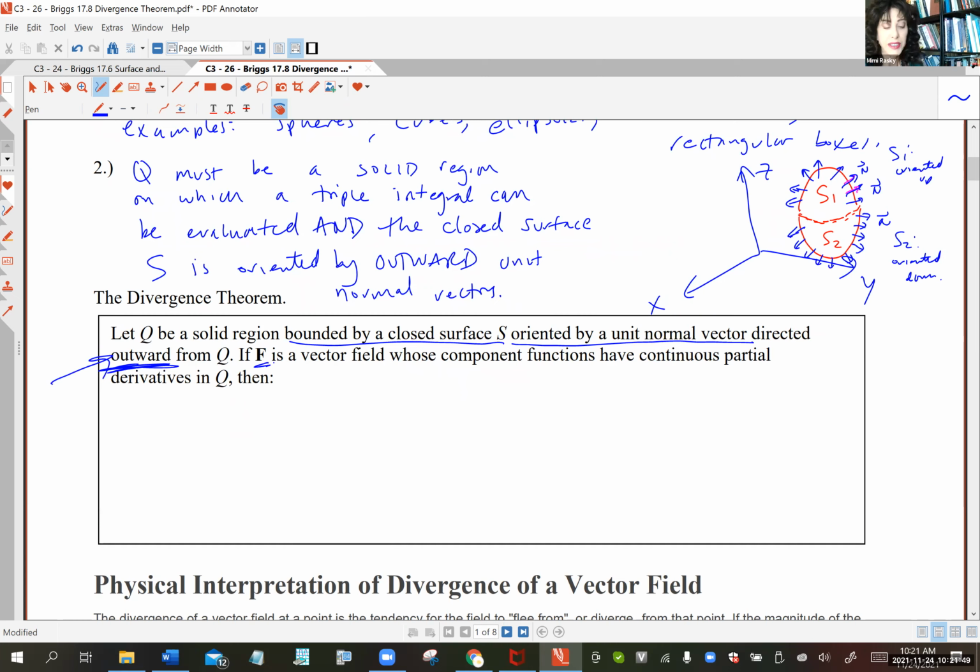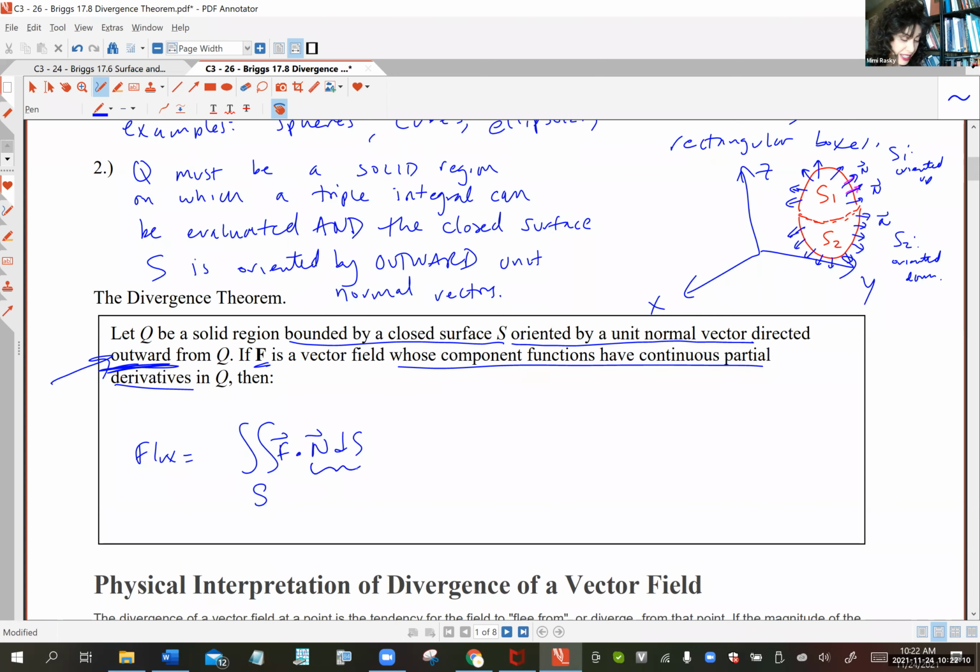If F is a vector field whose component functions have continuous partial derivatives in Q, then when you're trying to do this flux integral, which looks like a double integral over the surface, we did these last time, and we have the dot product of F with N dS, and we talked about that.